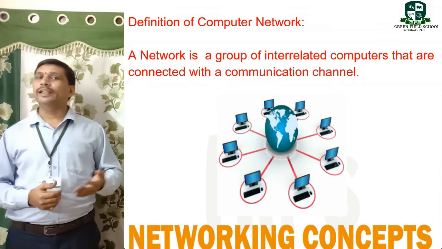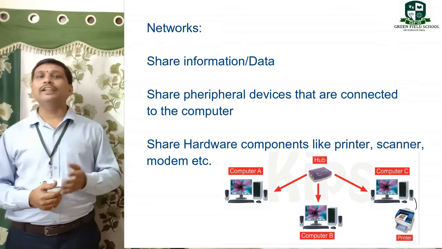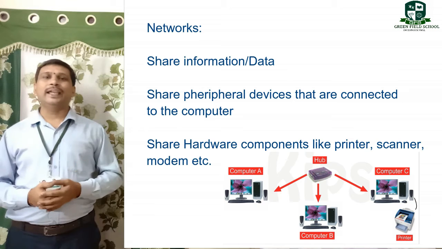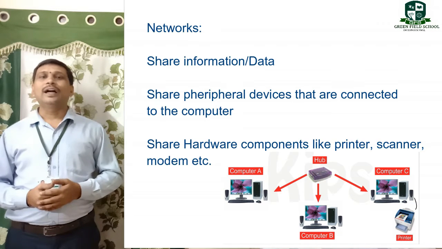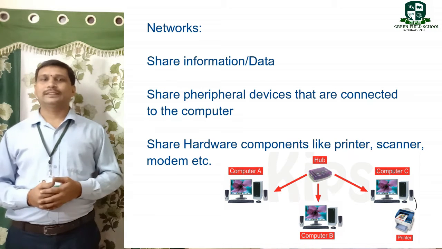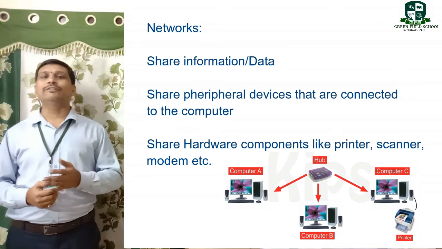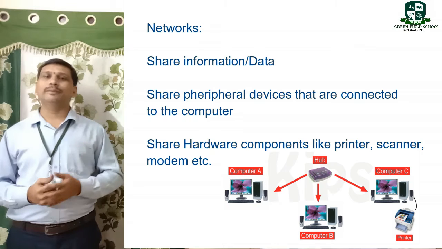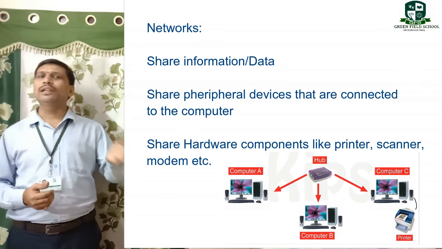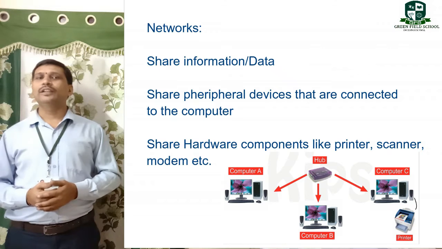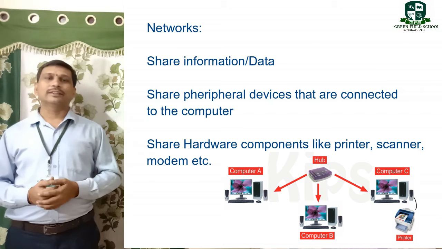So a computer network is a group of interconnected computers that share computer hardware resources, peripherals, and data or information. They exchange data or information from one computer to another computer. So that is the definition of computer network.